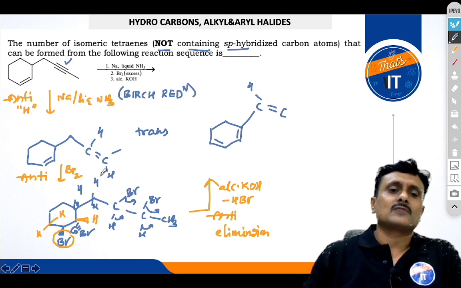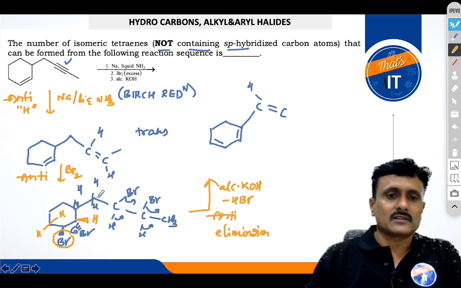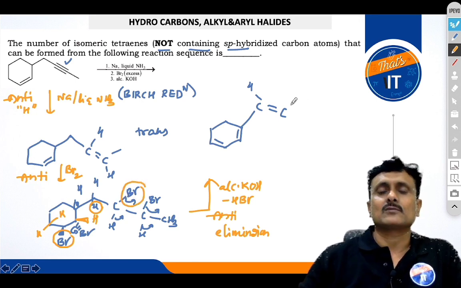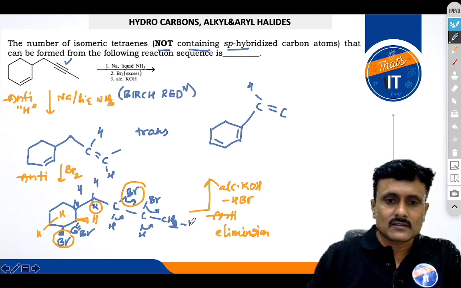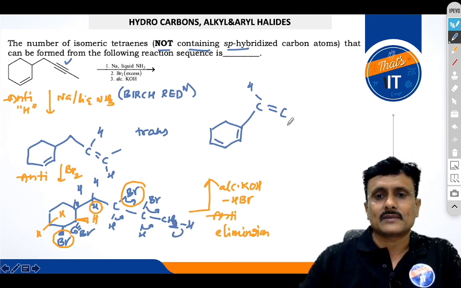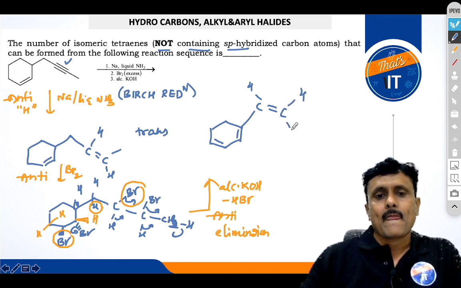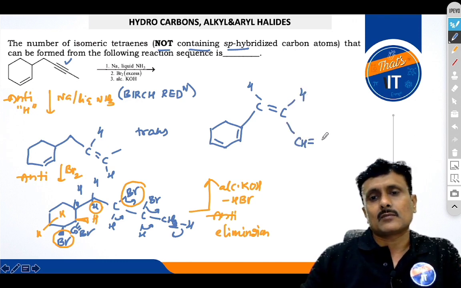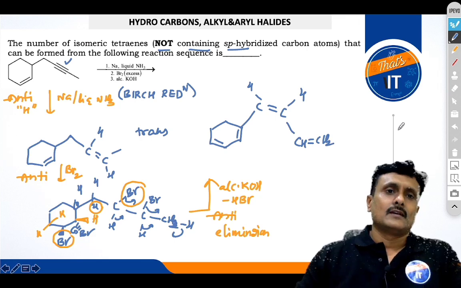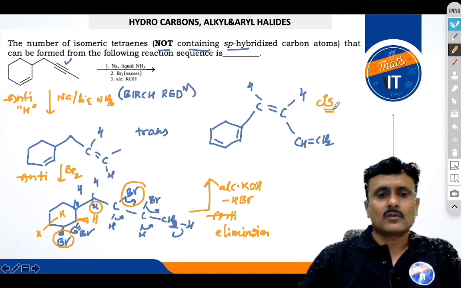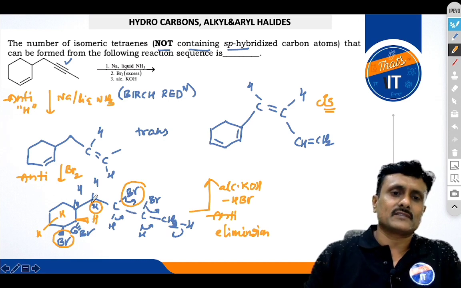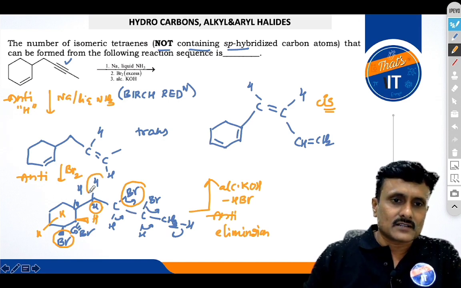Alright, see, so I am removing one H from here and one H from here, one bromine from here. So I will be getting what? A double bond here, and also I will be removing another hydrogen from here. So I will be getting what? CH double bond CH2. So you can see that here I wrote a cis compound, because you can see that there are two hydrogen atoms.